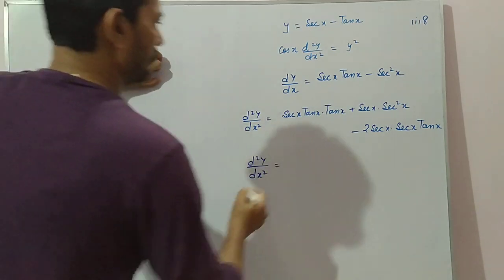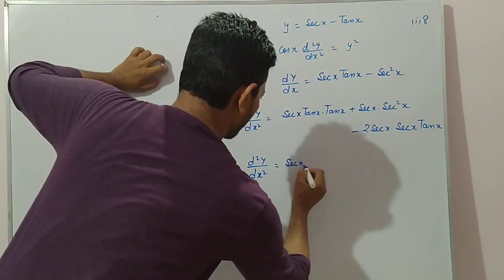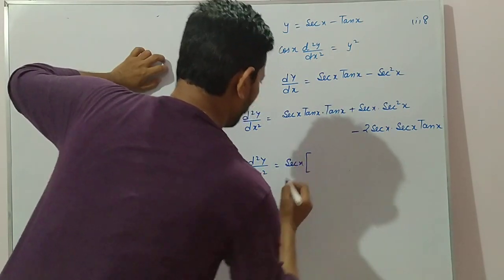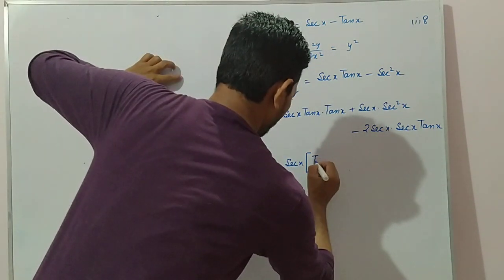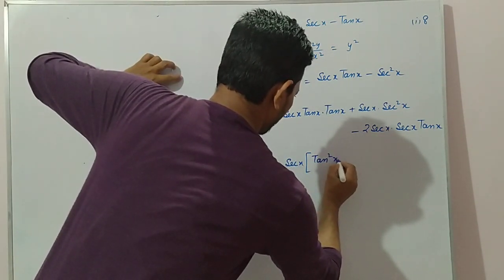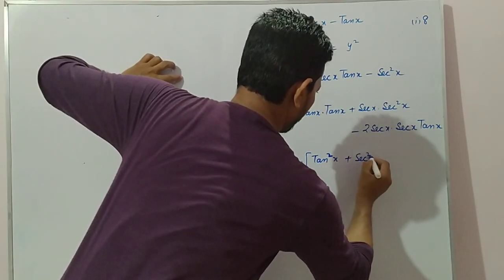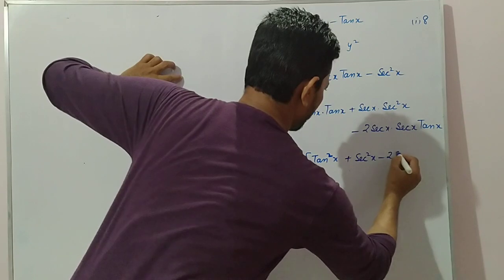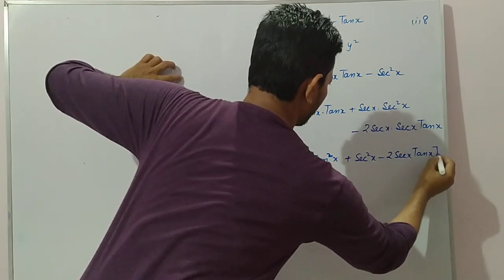So d2y by dx square equals, from here we will take sec x common, we are getting sec x (tan square x plus sec square x minus 2 sec x tan x).